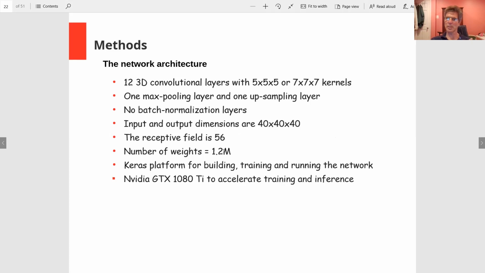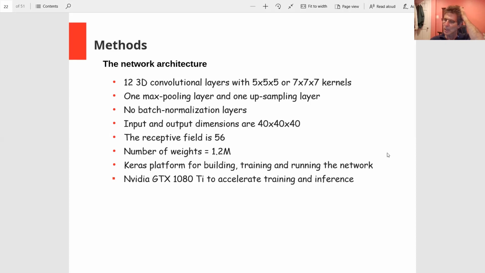The number of weights works out to be 1.2 million. I use Keras for building, training, and running the network, and that went well, and it's very simple and easy to use. And I used a home gaming computer with an NVIDIA GTX 1080 Ti GPU for accelerating training and inference.